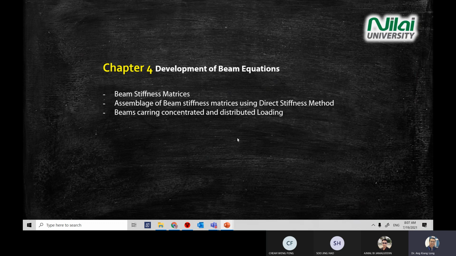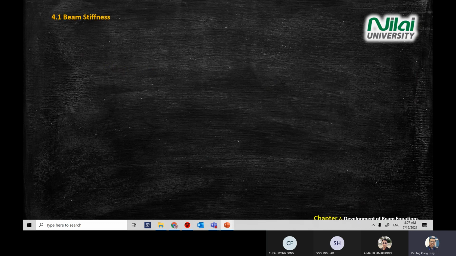Okay. Now for the first session, we're going to look at the development of the equation, how we derive the equation for beam structure. All right.